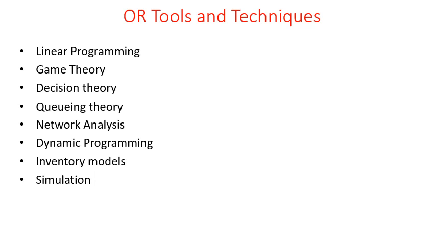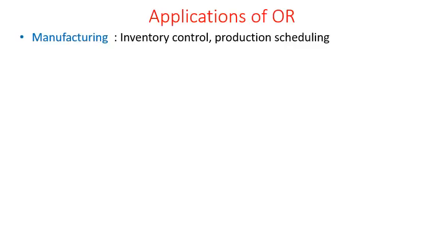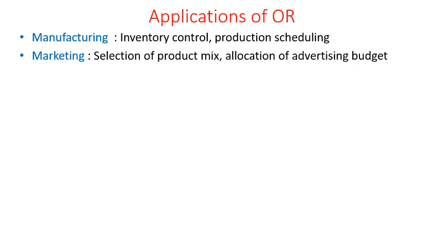So these are some of the tools and techniques used in operations research. Applications. In manufacturing: inventory control, production scheduling. In marketing: selection of the product mix, allocation of the advertising budgets. In purchasing: inventory management, that is economic order quantity, EOQ we call it.